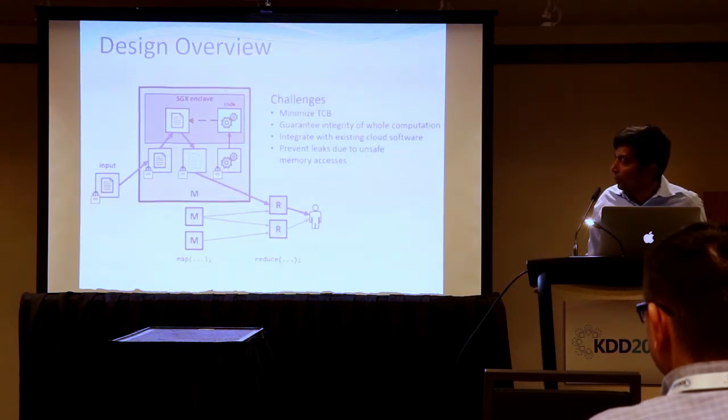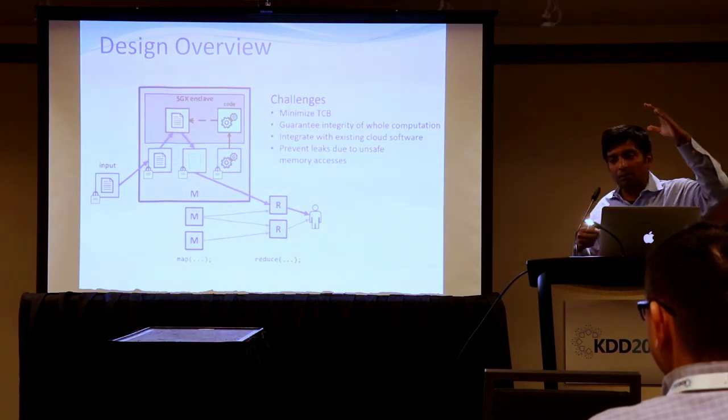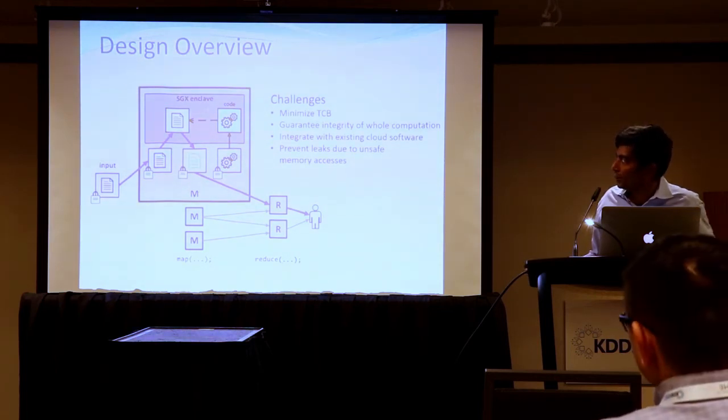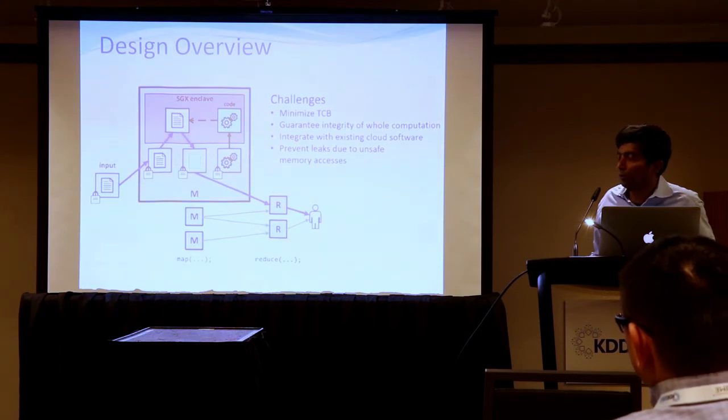Again, let's think about MapReduce. You have multiple mappers, and one map task will be run in a single node, where you will run the map code in an SGX enclave area, and this map code will produce, say, intermediate key value pairs.